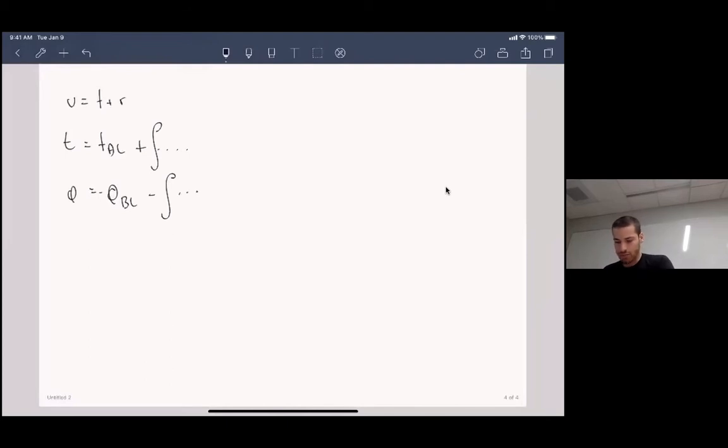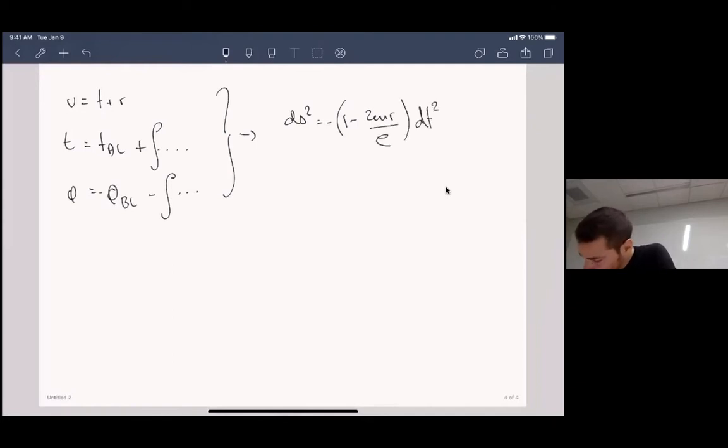I'm not going to write it out. When you do this change of coordinates, the metric changes, and it becomes less non-diagonal, namely the diagonal terms dominate, and you only get a single off-diagonal term, which makes computations easier.